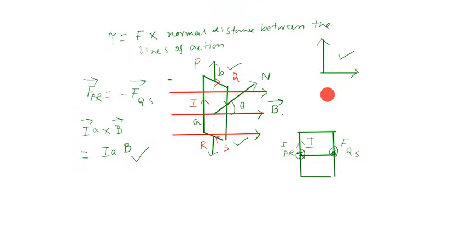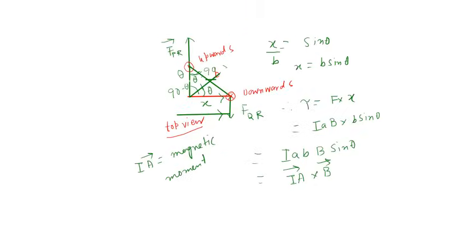So then what we are doing is considering any random orientation where the normal to the loop makes an angle theta with the direction of the magnetic field. In that case, what will be the torque? To find the torque, we must multiply the force with the distance between the lines of action.